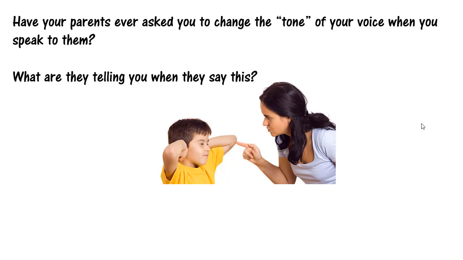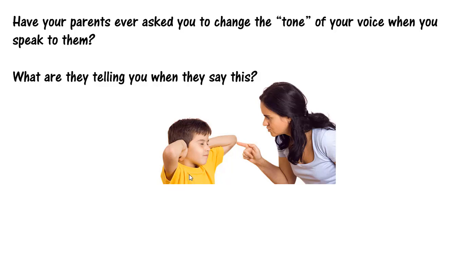Think about when your parents are asking you or yelling at you. You would describe how they are, what tone of voice they are using when they're speaking to you. And when they use that certain type of tone, whether they're yelling at you, their voice is getting high-pitched, or maybe they're even using your middle name, what kind of mood does it put you in?